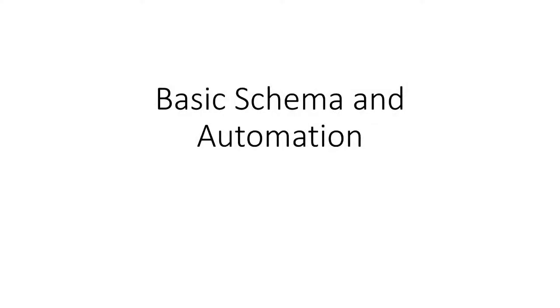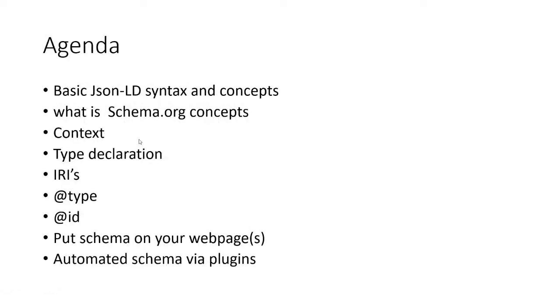So now you can see my screen with this basic schema and automation. That will be the topic for today. So let's look at the agenda. What we're going to talk about is the basic JSON-LD syntax and concepts, because there's a lot of confusion in that respect.